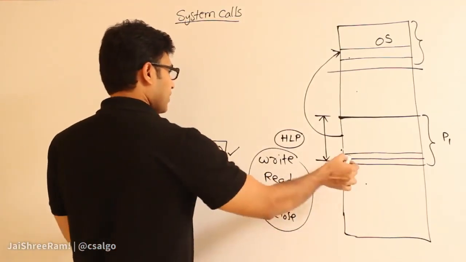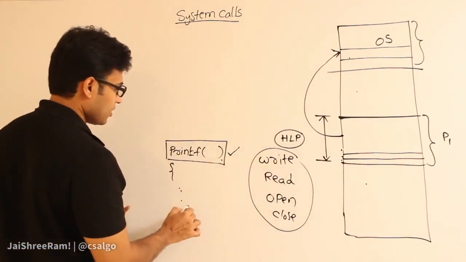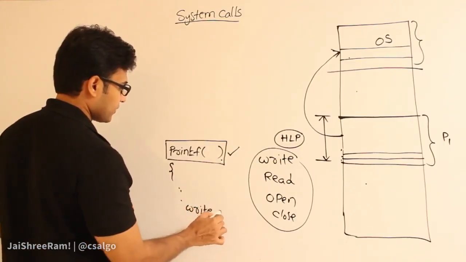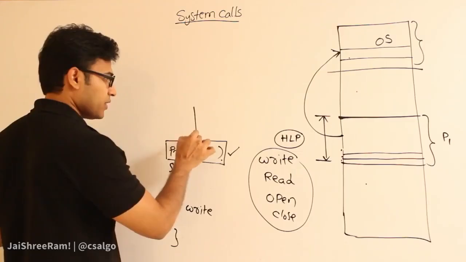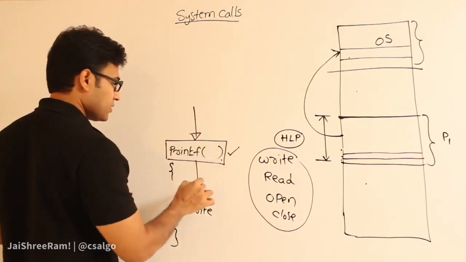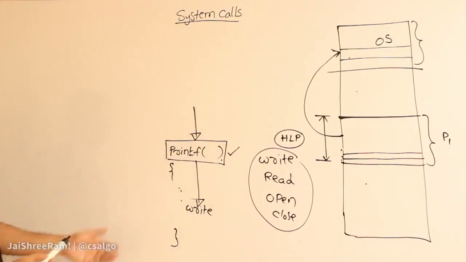And whenever you call printf, internally it will call write. So this is how a user will call a library function, and now the library function will make the system call. Got it?